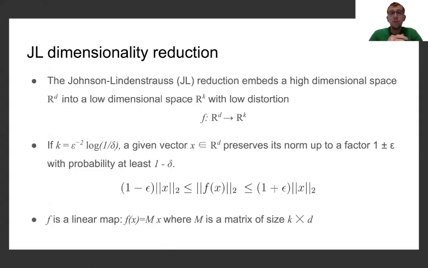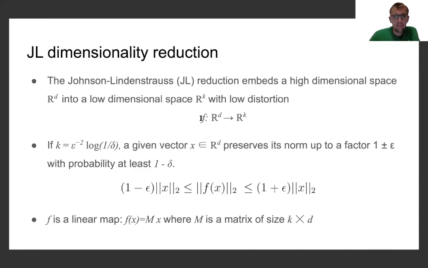So let's start with the Johnson-Lindenstrauss dimensionality reduction, or the JL reduction. The JL reduction embeds a high-dimensional space R^d into a low-dimensional space R^k with low distortion. Let's denote this embedding with f.